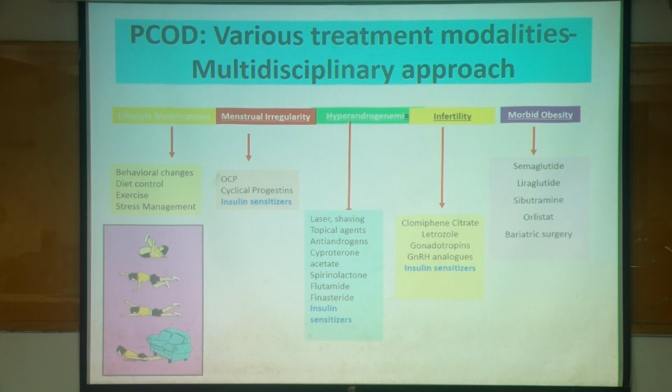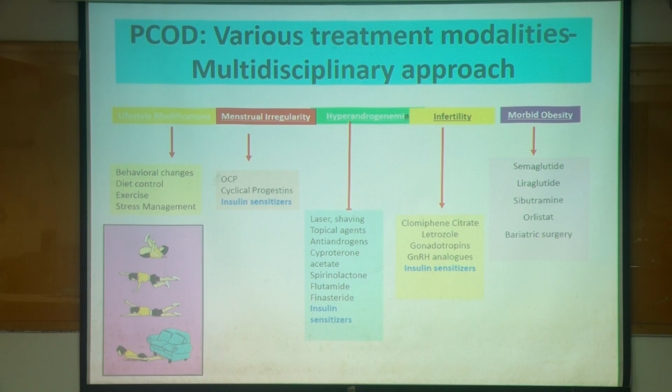So for lifestyle modification, of course, as I said, behavioral changes, diet control and exercise, and stress management are very important. For menstrual irregularity, you can go for oral contraceptive pills, cyclical progestins, and insulin sensitizers. For hyperandrogenism, they can have lasers, shaving, topical agents, anti-androgens, cyproterone acetate, spironolactone, flutamide, finasteride, insulin sensitizers again.